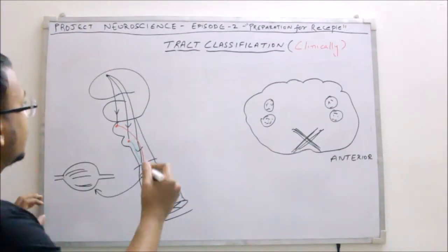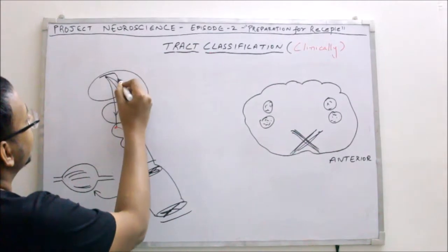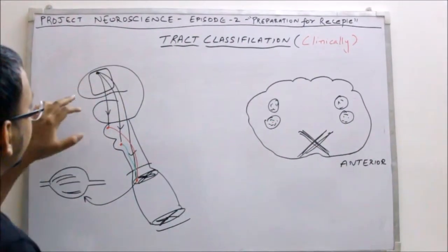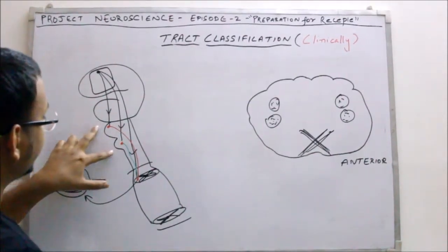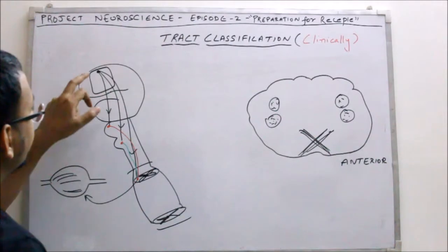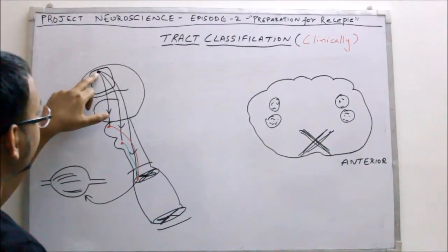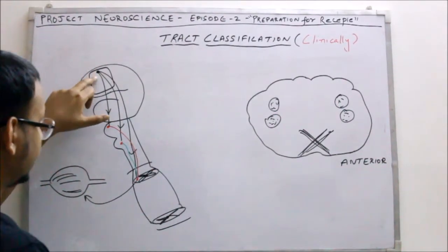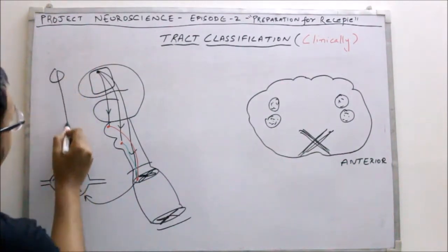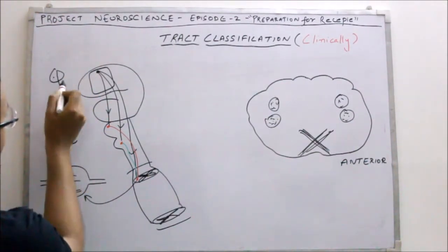Now, for example, this is the motor cortex and this is a single motor cortex neuron. Let us say this is the brainstem and this is the section of spinal cord that I have enlarged. The fibers are running from a single motor cortex cell body, and this neuron is sending its fibers, right? So this is the cell body and this is the axon.